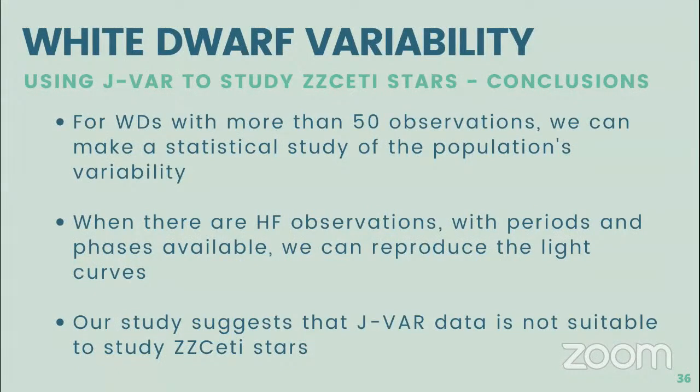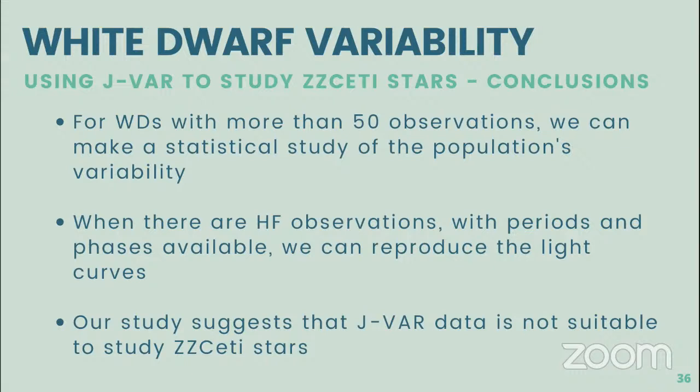So all in all, from the study we have done, we can say for white dwarfs with more than 50 observations, we can make a statistical study of the population's variability. That when there are high frequency observations, if we have the periods and the phases available, we can reproduce the light curves sort of successfully. And unluckily, what we had to conclude was that J-VAR data is not suitable to study these ZZ stars.